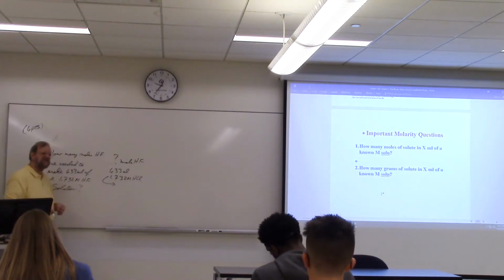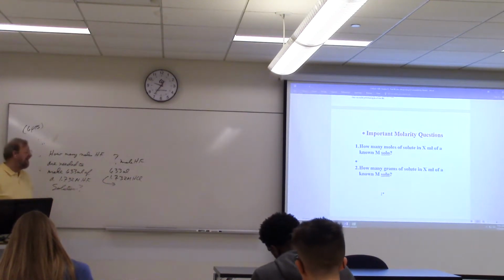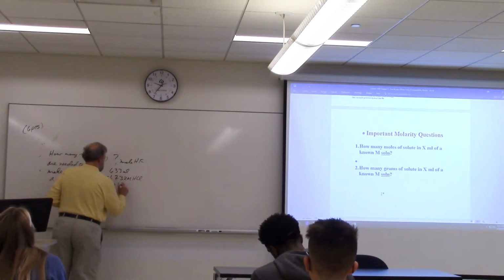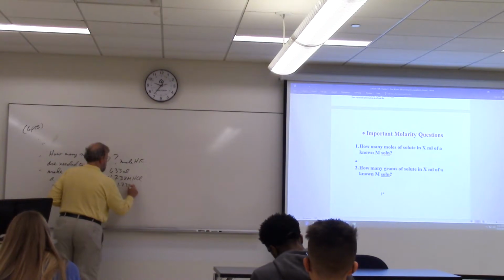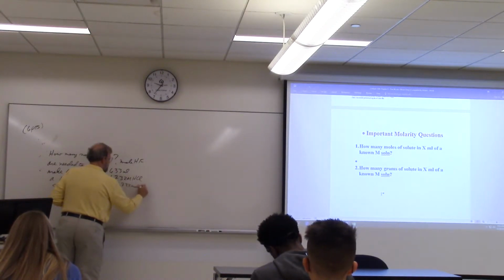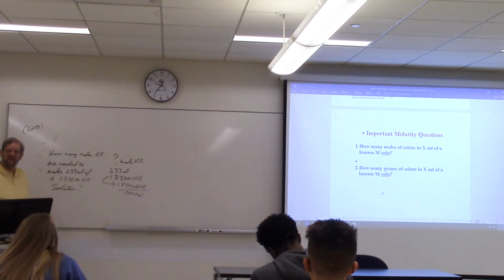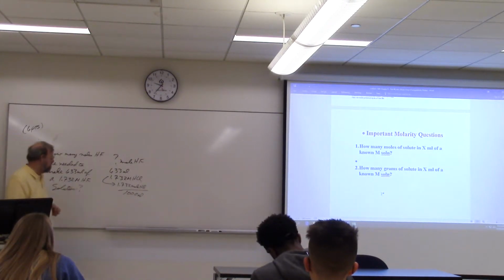Well, you don't have to say that, but you should think it at least. And what does that mean? And this is an important part you should be able to do. Molarity means moles per liter. In this case, 1.732 moles of HCl per 1,000 milliliters.